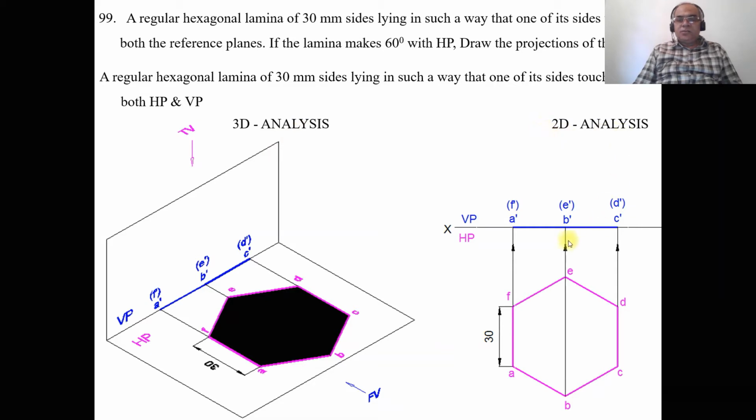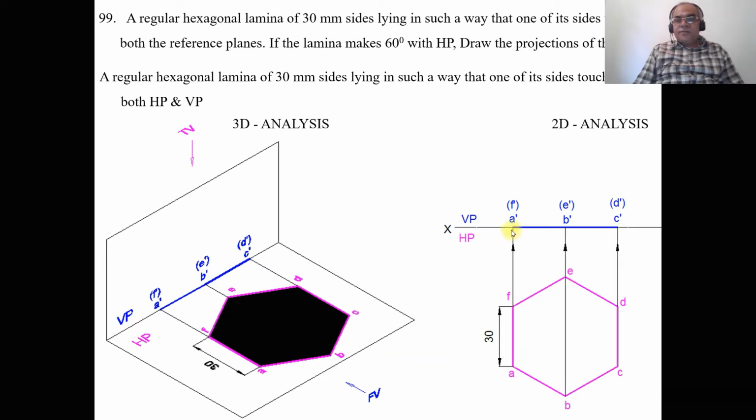In 2D analysis also, if you see here, the side which is resting on HP has to be perpendicular to VP. Since it is a hexagon, there will be two sides which are perpendicular to VP. As you see in the top view, since all the sides are parallel to HP, we are getting the true shape in the HP.